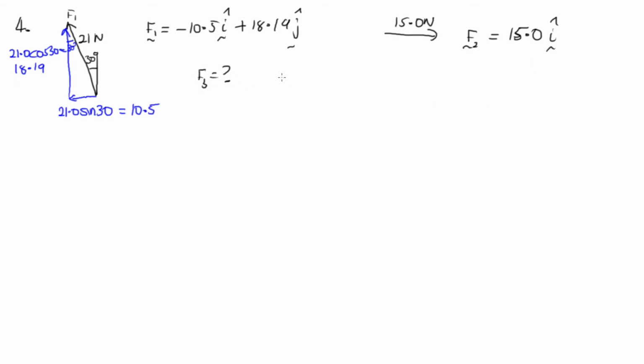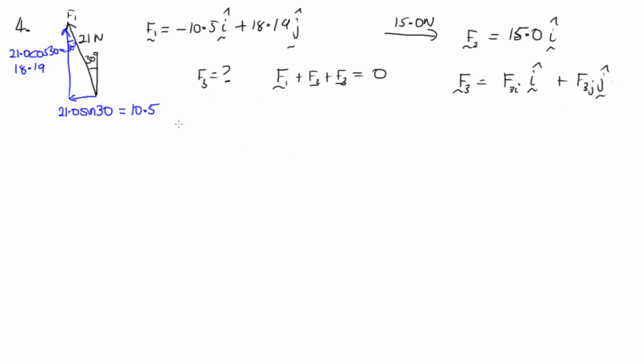And then what we're trying to find is F3. What's that equal to? We're told that F1 plus F2 plus F3 are all equal to 0 when they're summed. So what we can do is just sum each of the components. So let's let F3 equal F3i in the i direction plus F3j in the j direction.